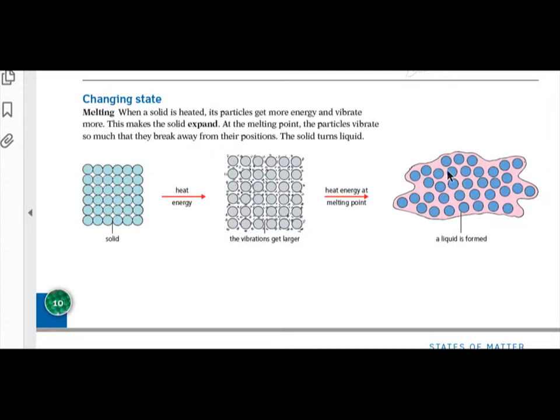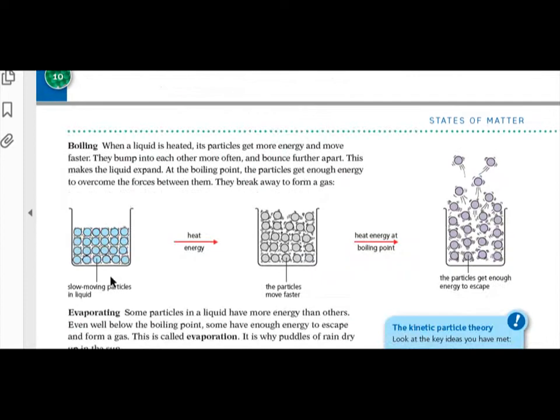They have more energy transferred to them compared to the solid particles. Further, if you heat the liquid particles, which are slow moving, they become faster, and then eventually they get enough energy to escape from the container and they become gaseous. When that happens we call it boiling.